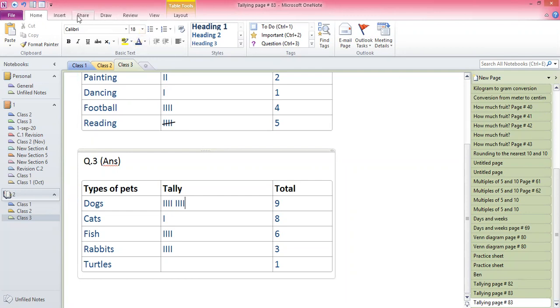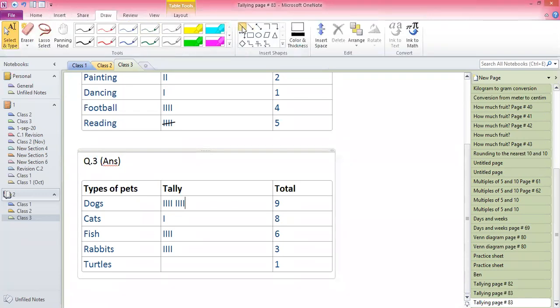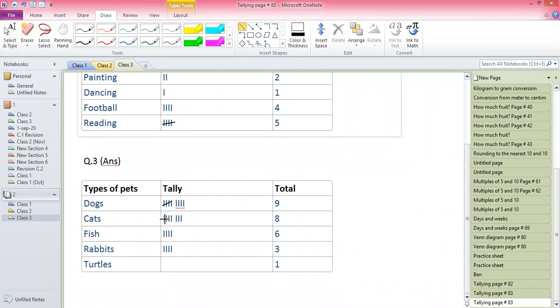So this is 5 plus 4. And you know for the fifth one, you draw this line. 5 plus 4, 9. This is 8. 1, 2, 3, 4, 5, 6, 7, 8. This is 8.